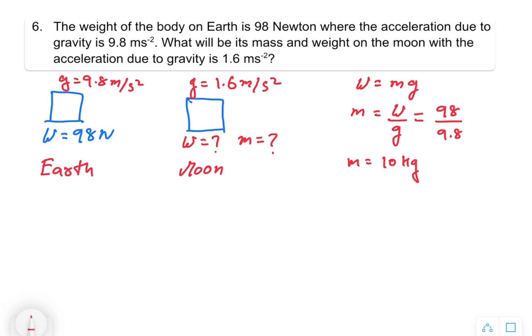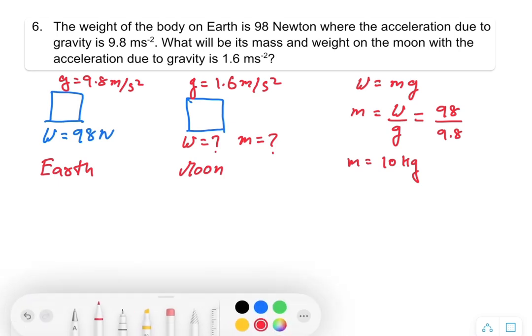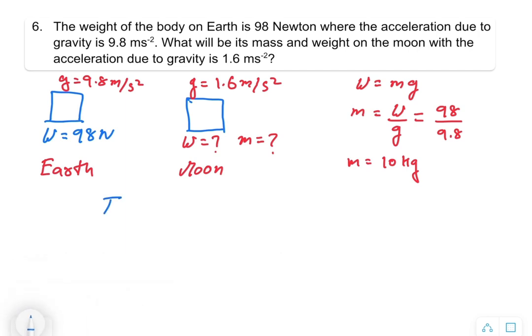Now mass will remain the same whether the body is on Earth or moon. The mass of the body remains the same.